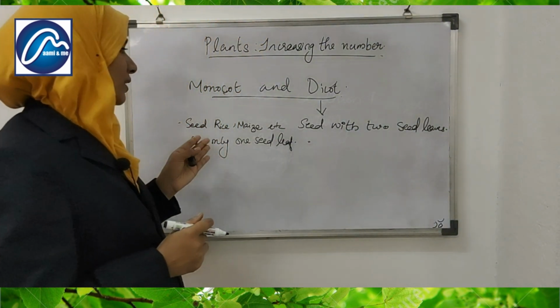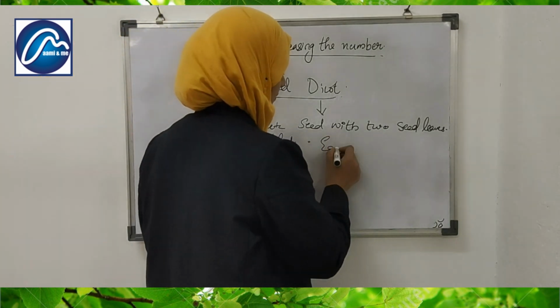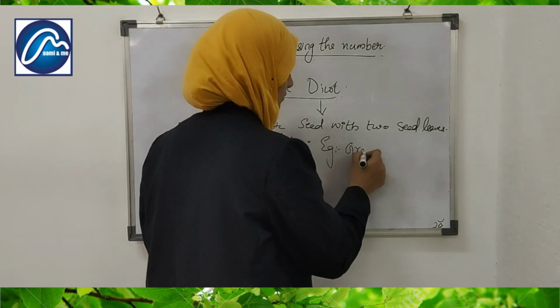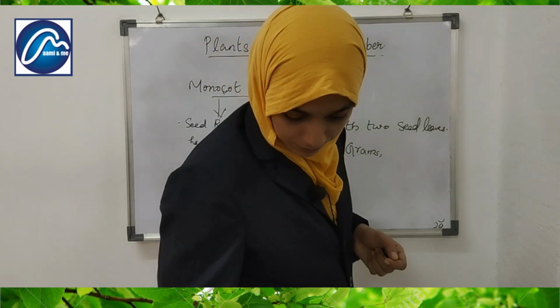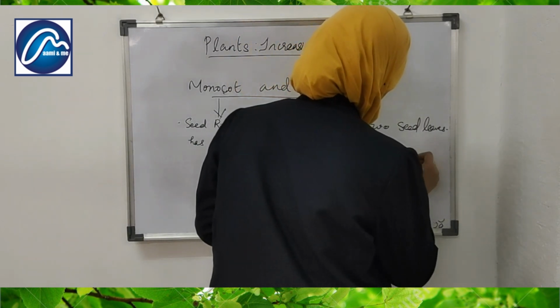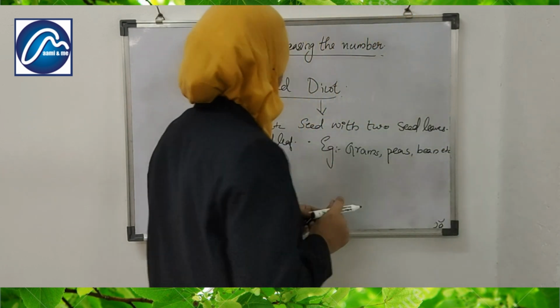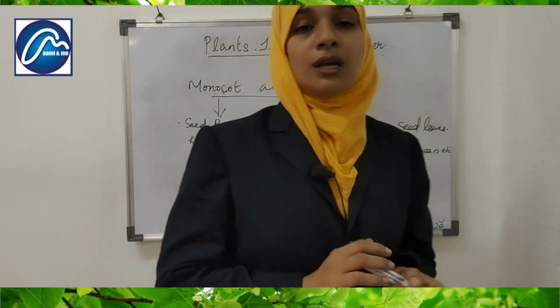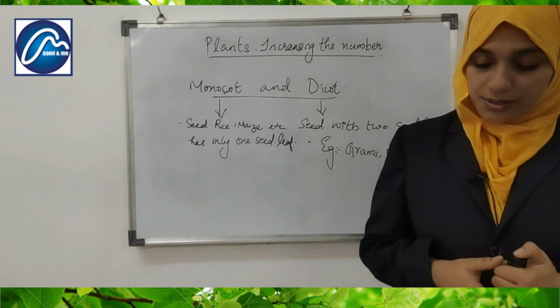So these are called monocot. Examples for dicot are gram, peas, beans, etc. So we have studied about two types of seeds, monocot seeds and dicot seeds.